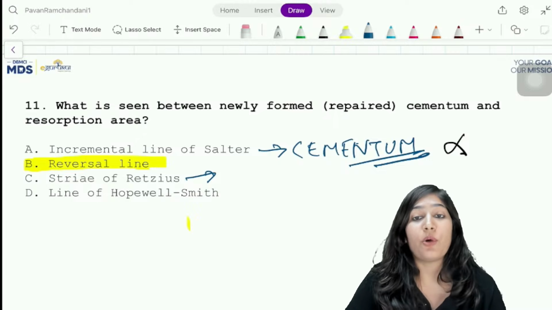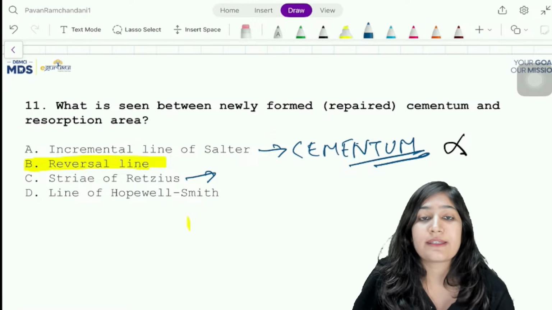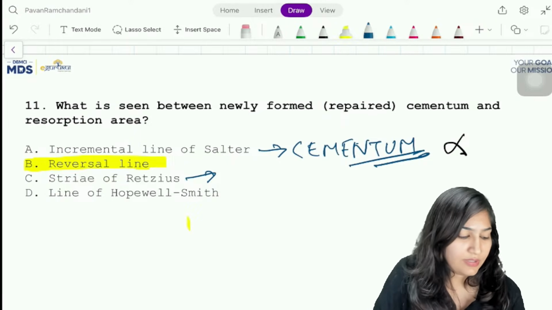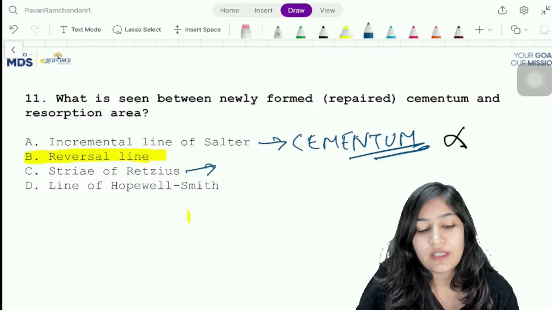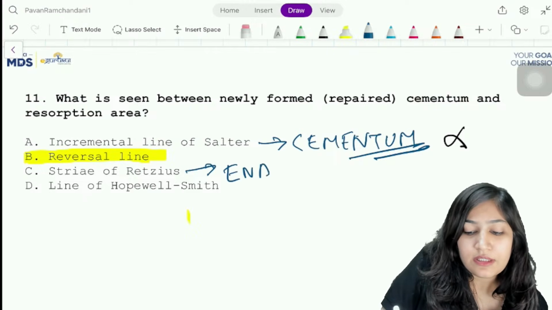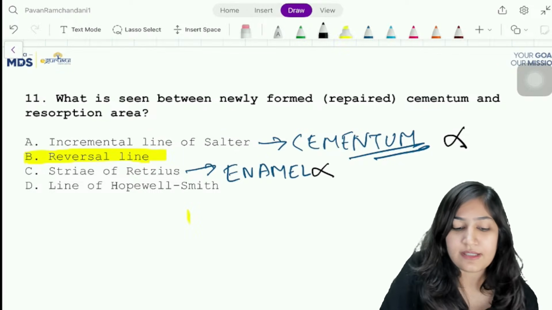Incremental lines are very important: incremental lines of enamel, incremental lines of dentin, incremental lines of cementum. You should be thorough with these incremental lines. Striae of Retzius are incremental lines of enamel. Here it is asked for cementum, so this cannot be the correct answer.